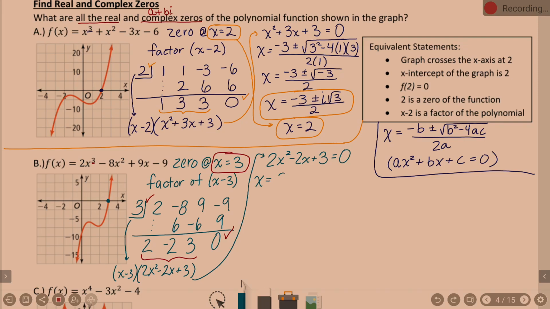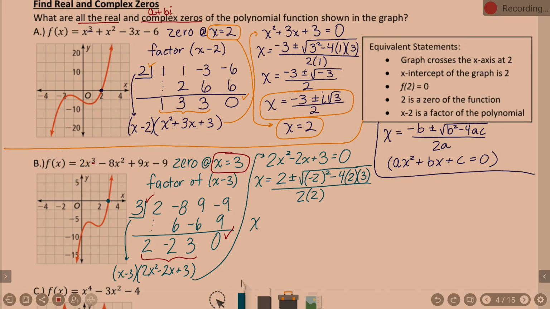Plus or minus the square root of b squared, so negative 2 squared, minus 4 times a, which is 2, times c, which is 3, all over 2a. So 2 times 2. Keep going.